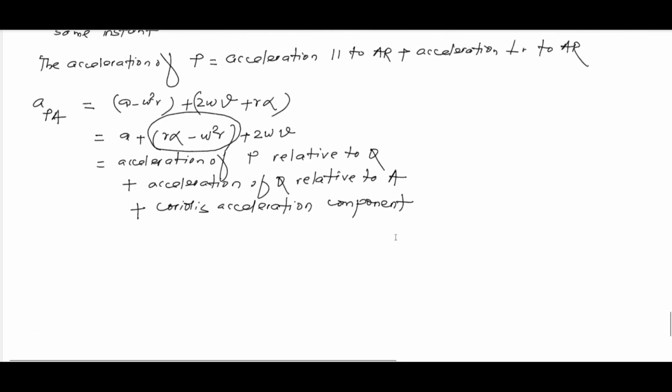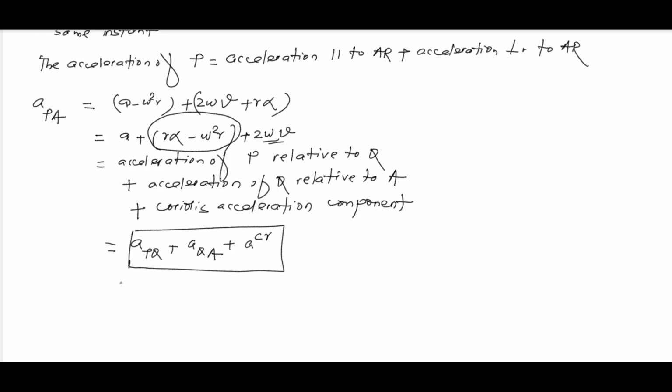This one, 2 omega v, is the Coriolis acceleration component. So we can write this as a_PQ plus a_QA plus a^C. You can say only A here, no issue. So this is the final component of acceleration of point P with respect to A.